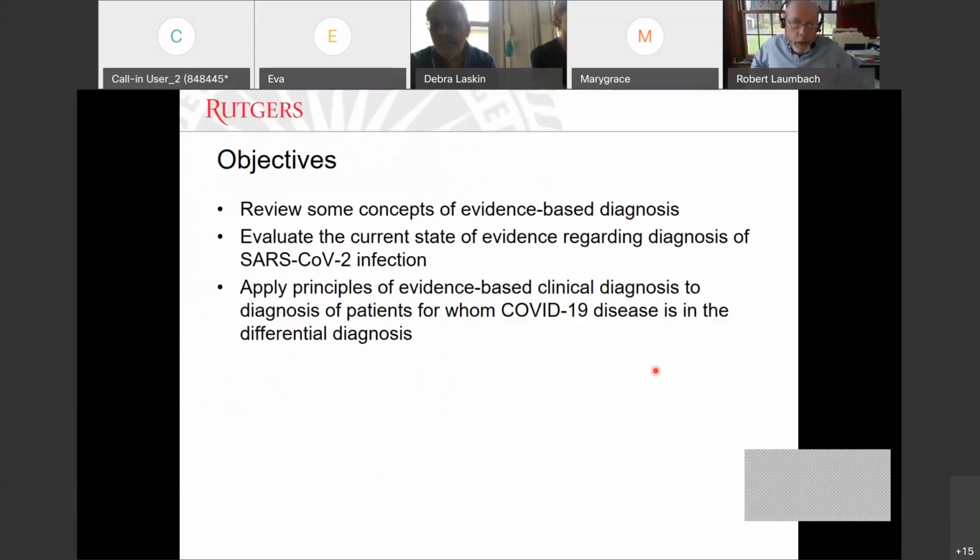So the objectives are to review some concepts of evidence-based diagnosis, and then to evaluate, at least to some extent, the current state of evidence regarding diagnosis of SARS-CoV-2 infection, and then apply principles of evidence-based clinical diagnosis to patients in the form of a case or two for whom COVID-19 disease is in the differential diagnosis.